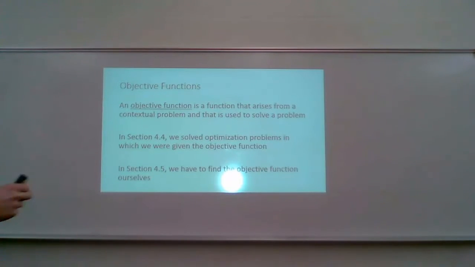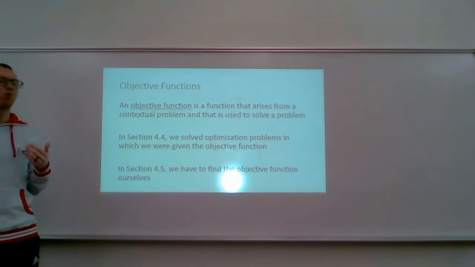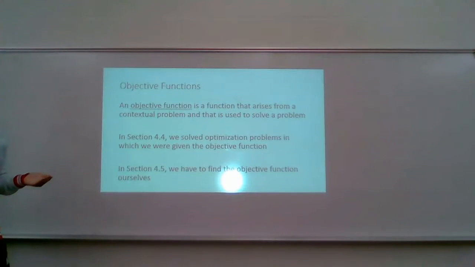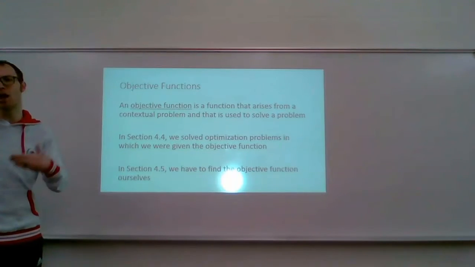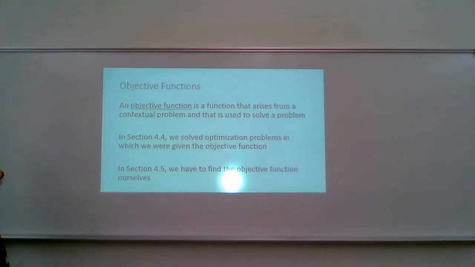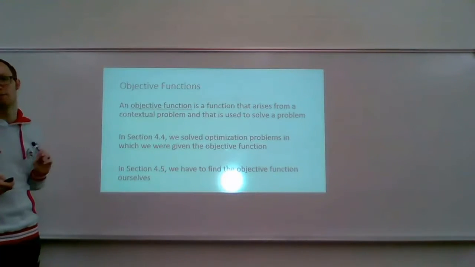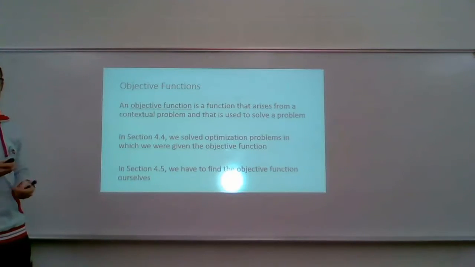So in section 4.4, before this all started, before we started working from home, we solved optimization problems where we were given an objective function. For example, the height of a rock is modeled by blah, blah, blah. We're going to use that equation to find the maximum height of the rock. Something like that. The difference between 4.4 and 4.5 is that now we've got to write our own objective functions, which can be a little bit tricky.